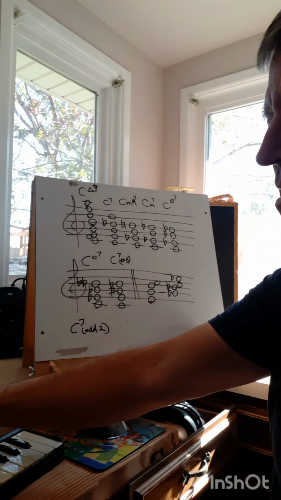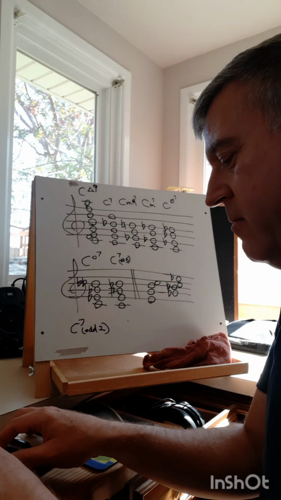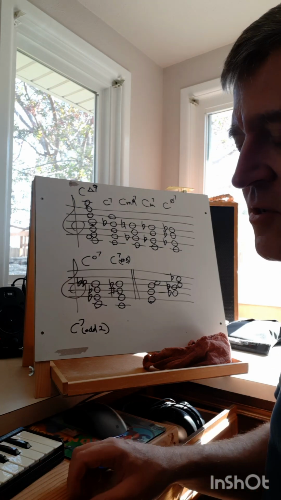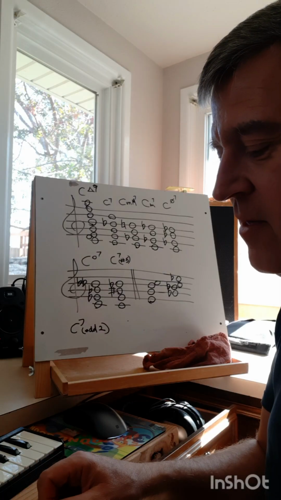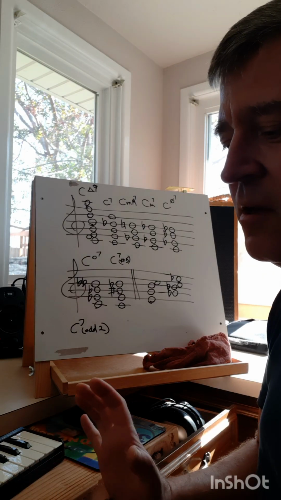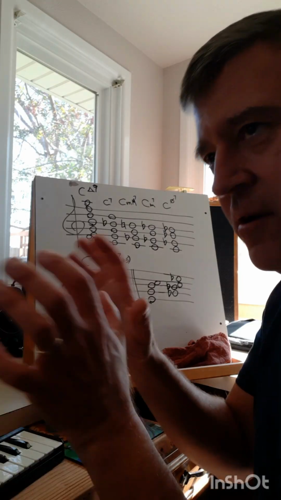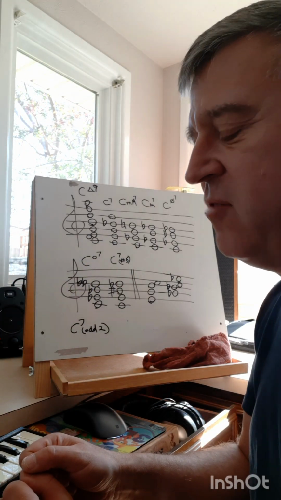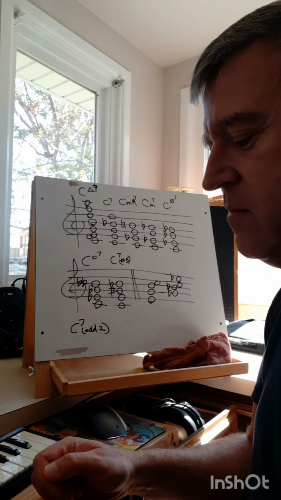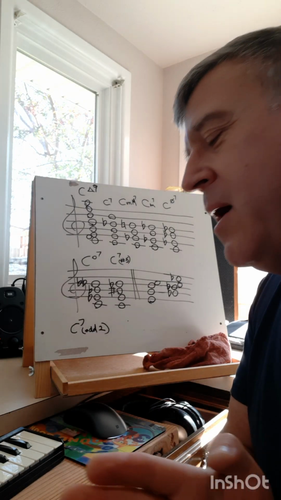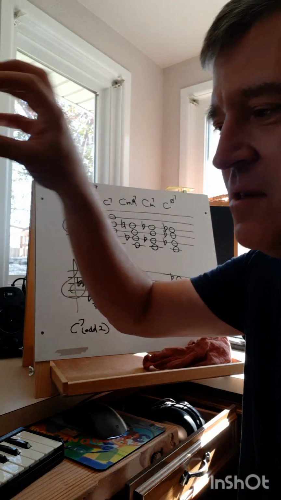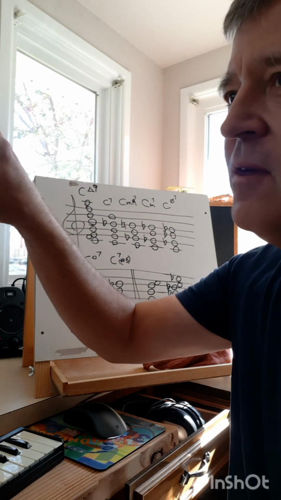So let's say that I'm actually in the key of A flat. I'm playing along in the key of A flat, but then I just decide that I want a C chord in the middle of that A flat key signature, which would be unusual, to have a C chord functioning in A flat major. Then what you would do is make it a major scale based upon C major, because that's the place at that moment that the harmony is happening.